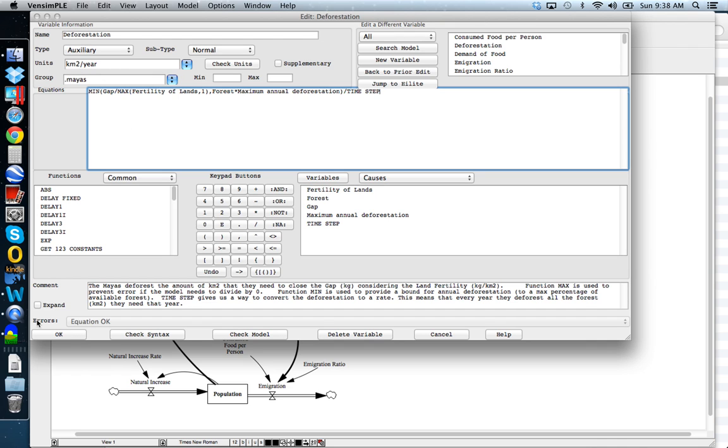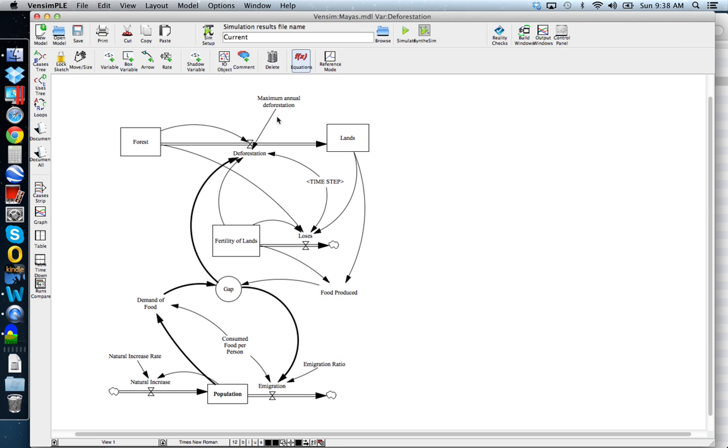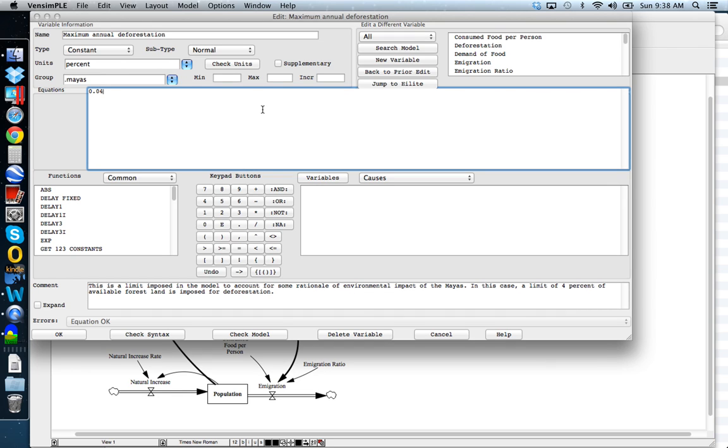Okay, so let me go back and look at this variable, the maximum annual deforestation. This essentially assumes that even the Mayas had some environmental conscience. So this is a limit imposed to account for some rationale of environmental impacts that the Mayas had. In any case, the Mayas would say that no more than 4% of available forest will be deforested. So that's why they would say the minimum.